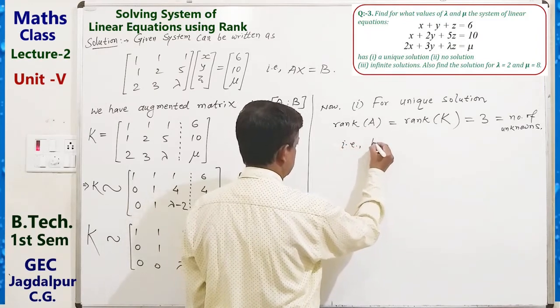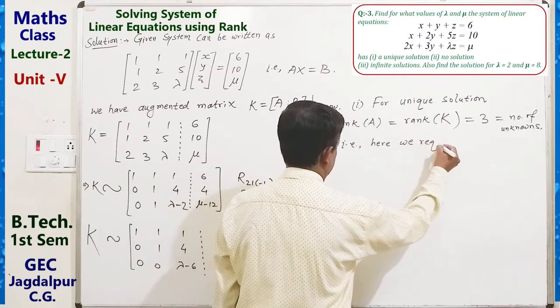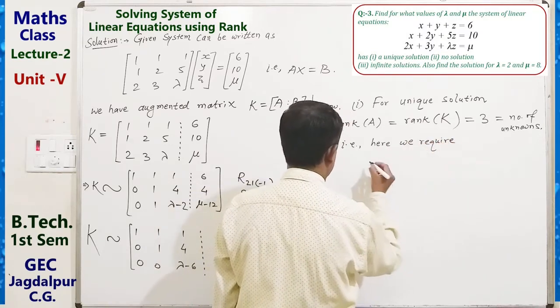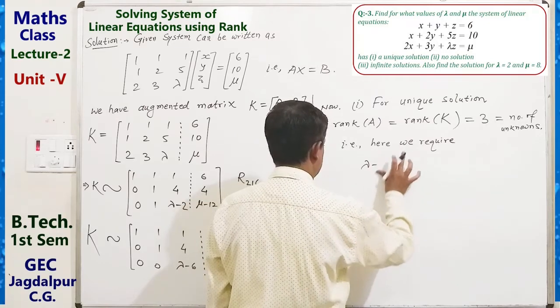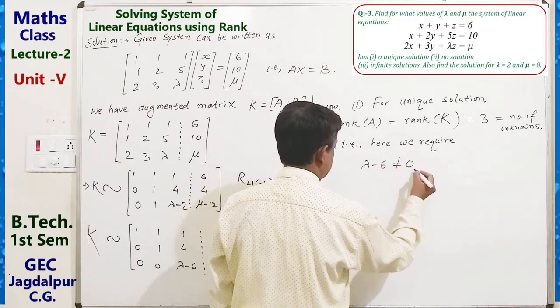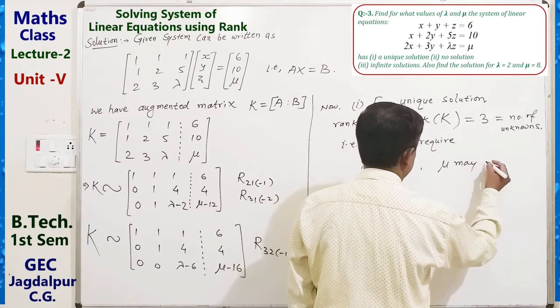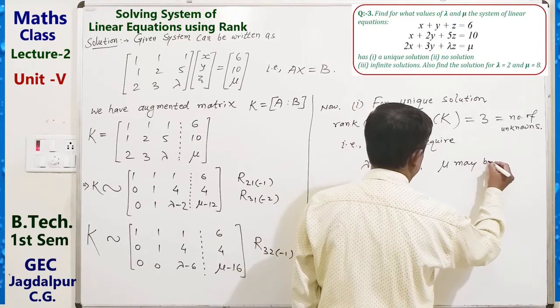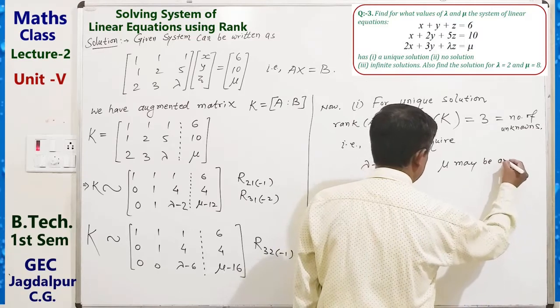That is, here we require lambda minus 6 not equal to 0. Mu may be any value.